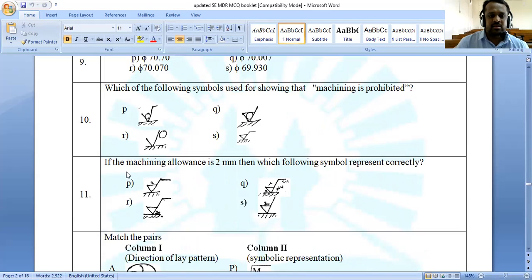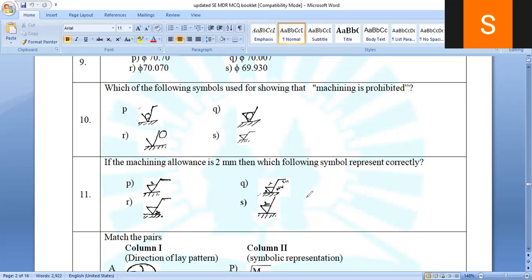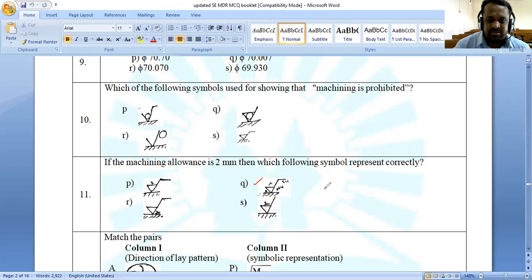Next, if the machining allowance is 2, then which of the following symbols is presented correctly? Which symbol is correct out of this? Second. Why is the second correct? We know the surface roughness symbol is like this.